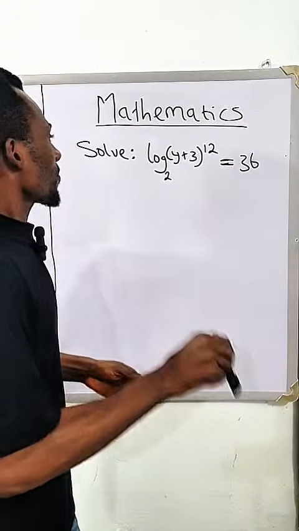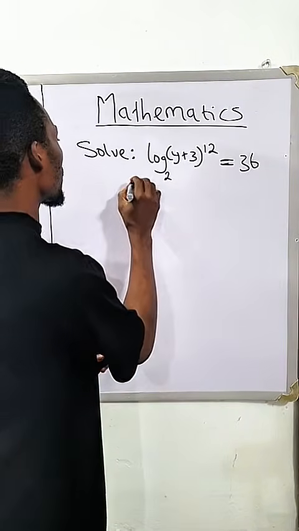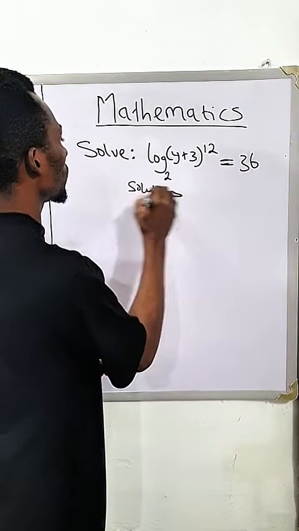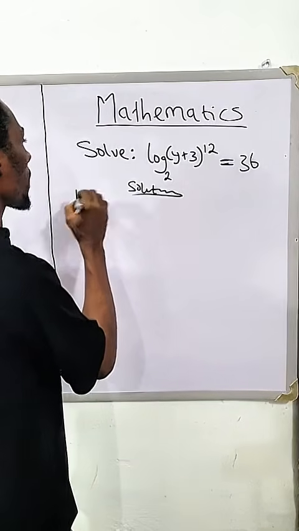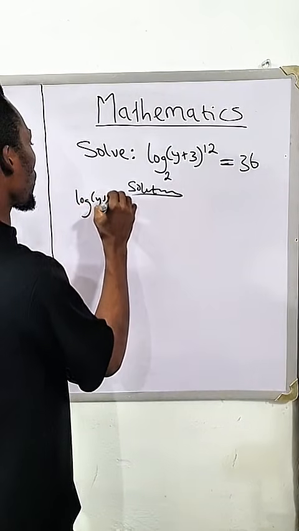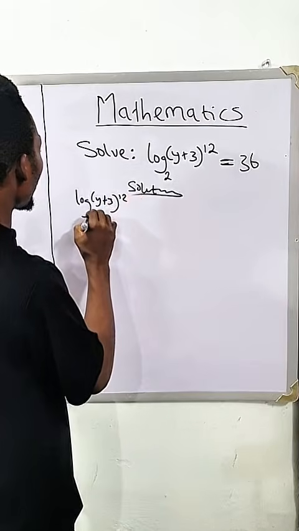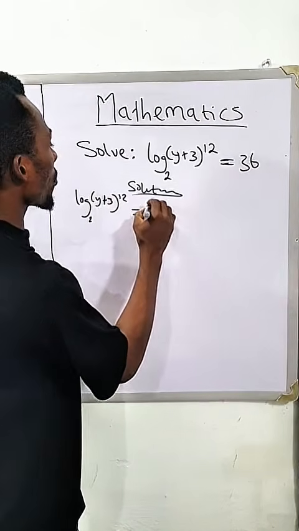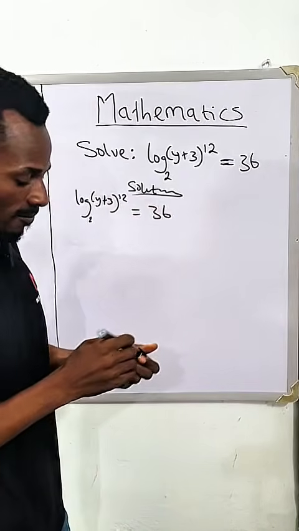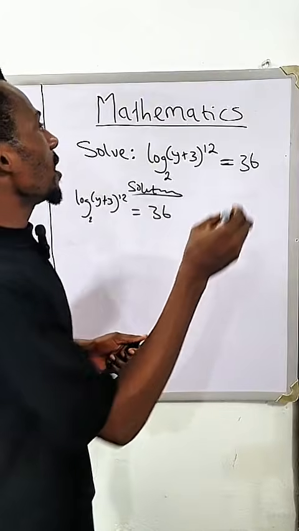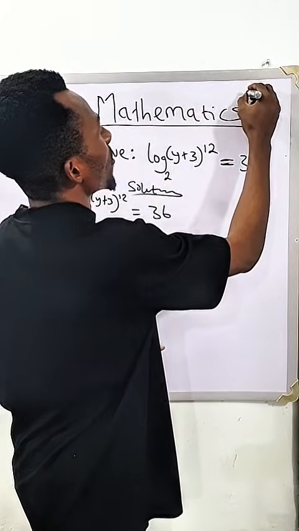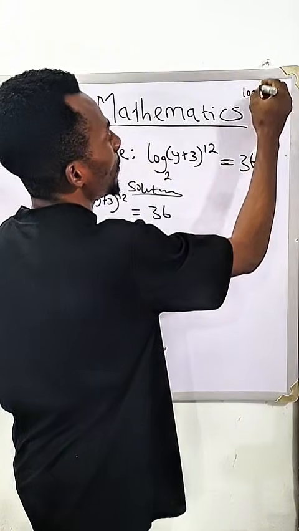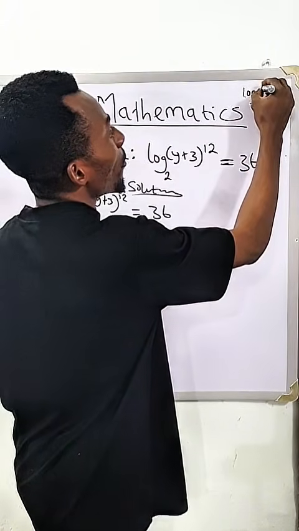Okay, now the solution. I'll write it down again: log base 2 of (y plus 3) raised to the power of 12 equals what? 36. Now remember, in log, let's assume we have something like log a raised to the power of b.